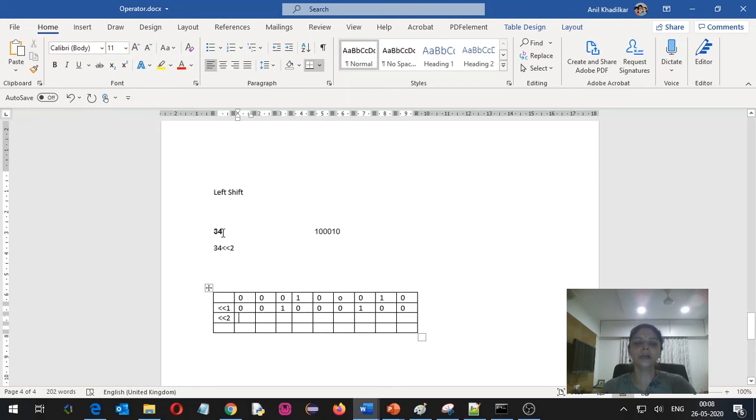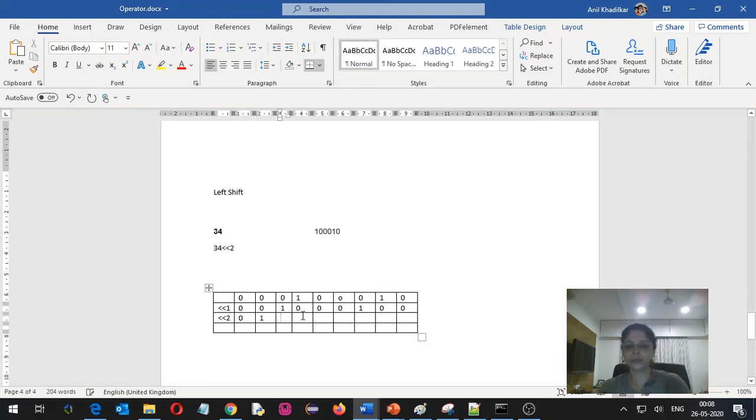So if my current number is 34 and I use left shift 1, then if you convert this number into decimal, you will get double the number 34, which is equal to 68. So this is the binary representation of 68. If you do left shift 2, once again the leftmost 0 will go away, and every bit will get shifted one location to the left.